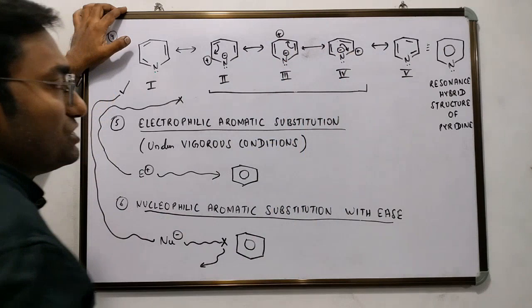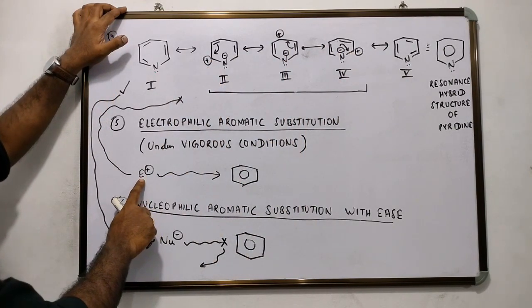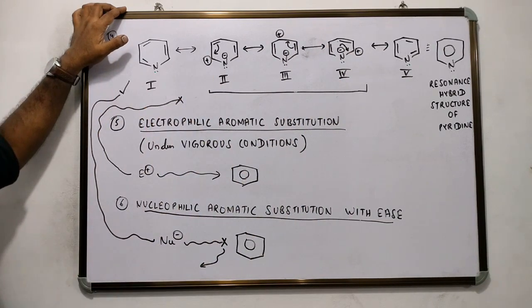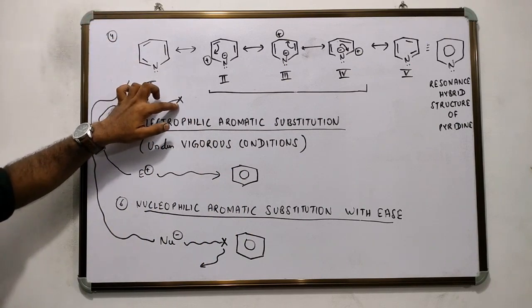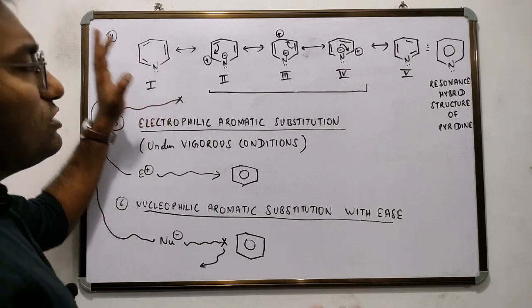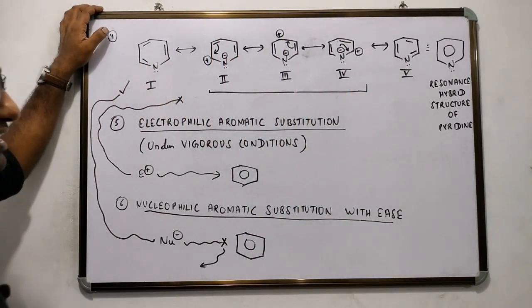ortho and para positions. Now, if an electrophile is given an opportunity to attack the pyridine ring, it would not do so. Why? As it is not attracted by the pyridine ring, owing to the positive charge on the pyridine ring.